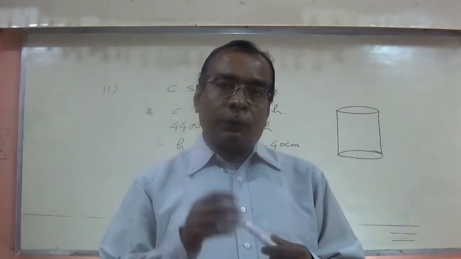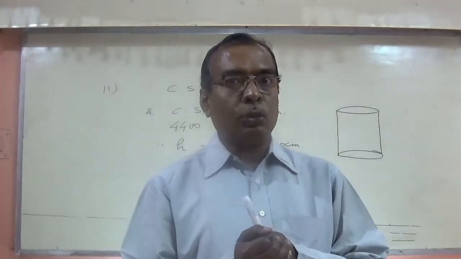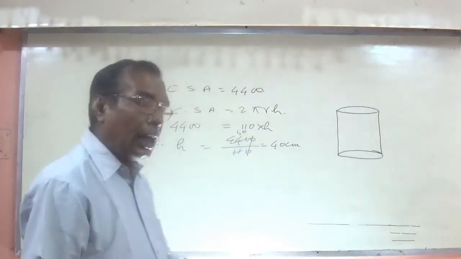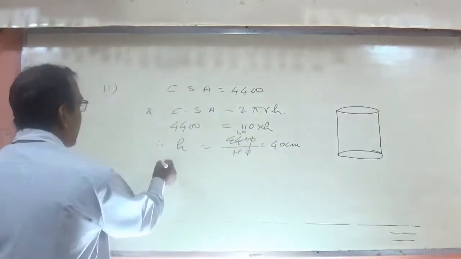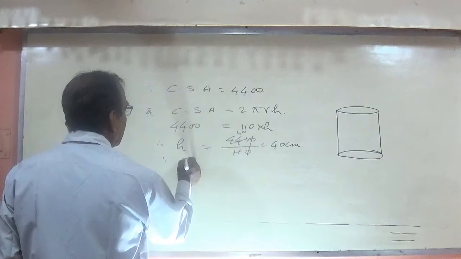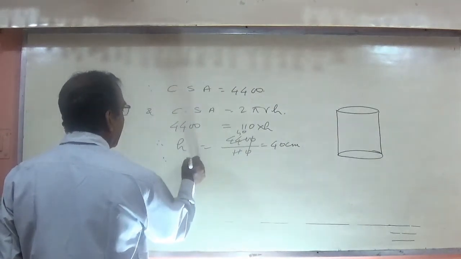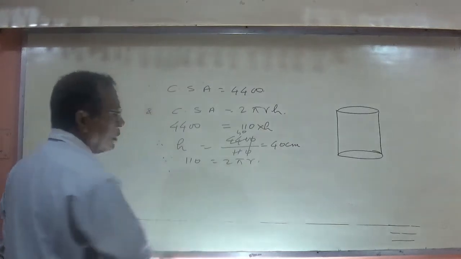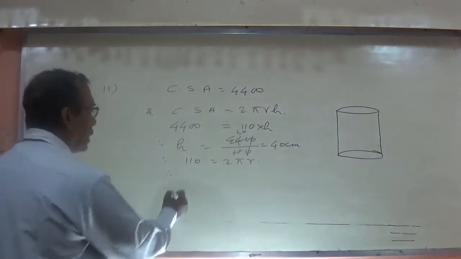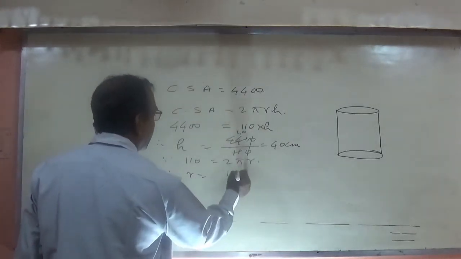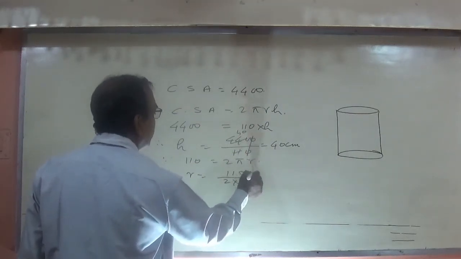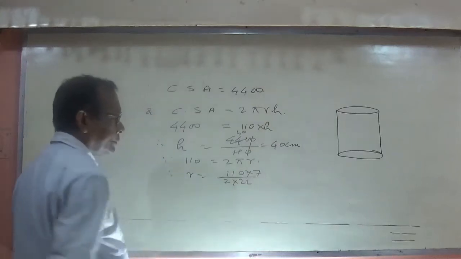Now I have told you that for finding the volume of a cylinder, both radius and height are required. Height we have got. Now radius. Since circumference is 110, which is equal to 2 pi r, from here you can find r quite easily. r will be equal to 110 divided by 2 into pi, which is 22 by 7.